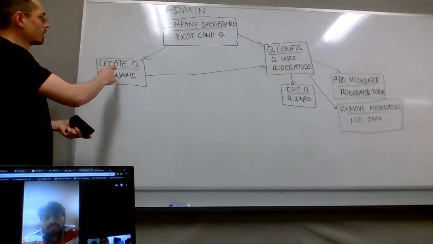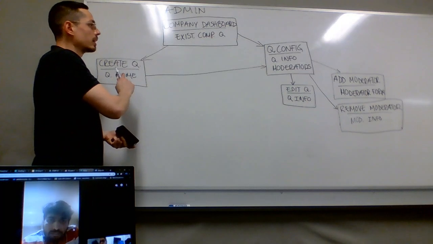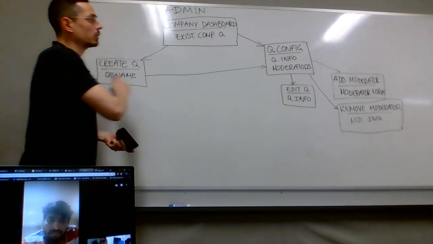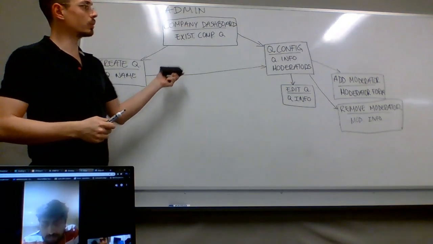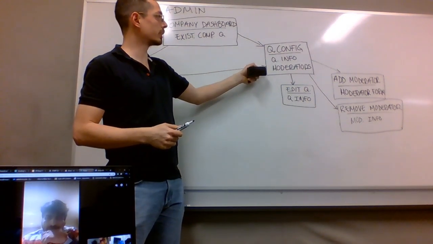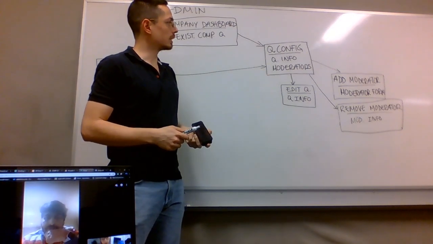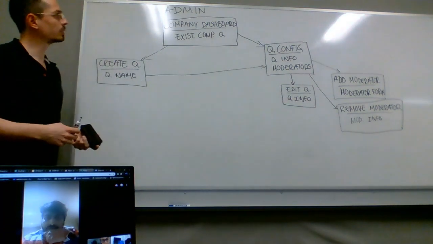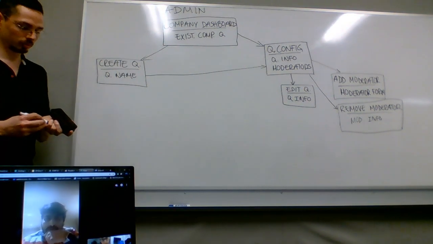So what else? The admin creates a queue, and only by giving the name, it will take him to the configuration where he will be able to modify the information, add moderators, and are we missing anything? What else can an admin do? You should also be able to search for queues.